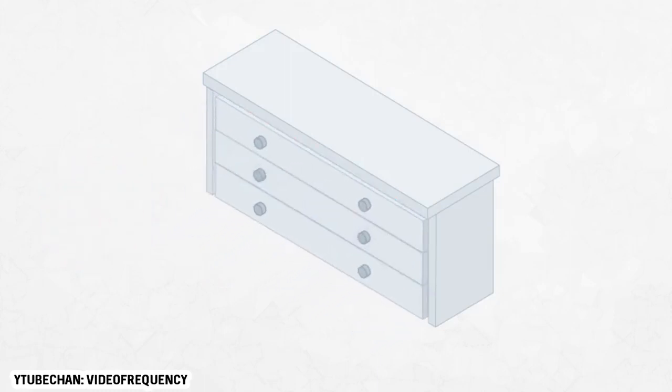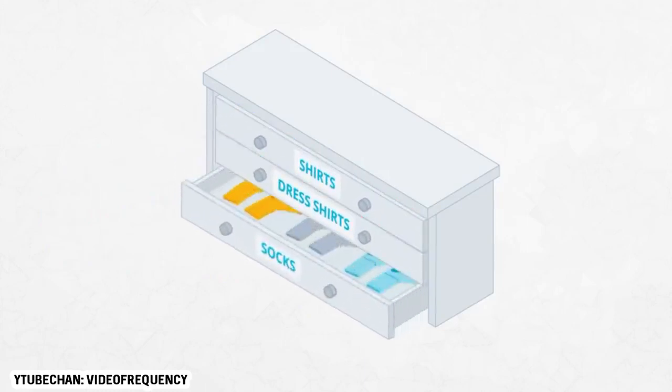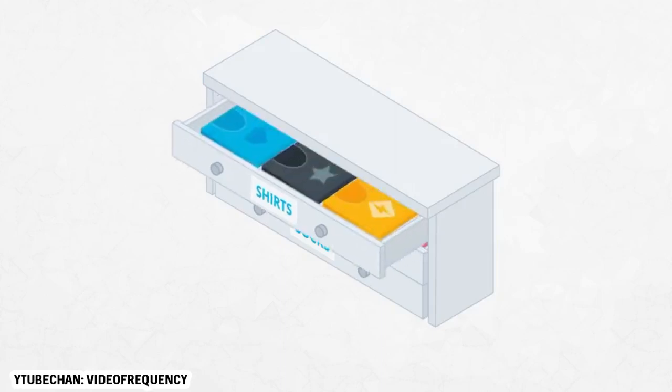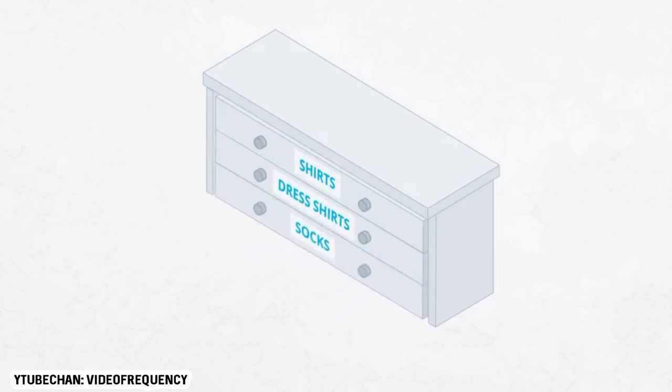It would be much better if instead you had a drawer for t-shirts, another one for dress shirts, another for socks, and so on. With this design, if you need a nice outfit for an interview, you don't need to worry about buying one just because you couldn't find the right clothes. And if you need to tell someone else how to find the right shirt, pants, and pair of socks, it will be much easier with this design.